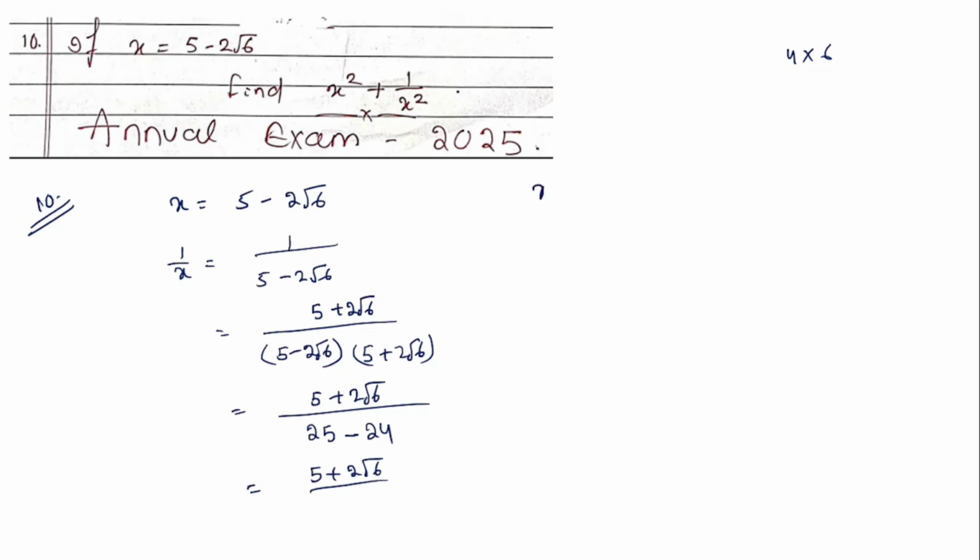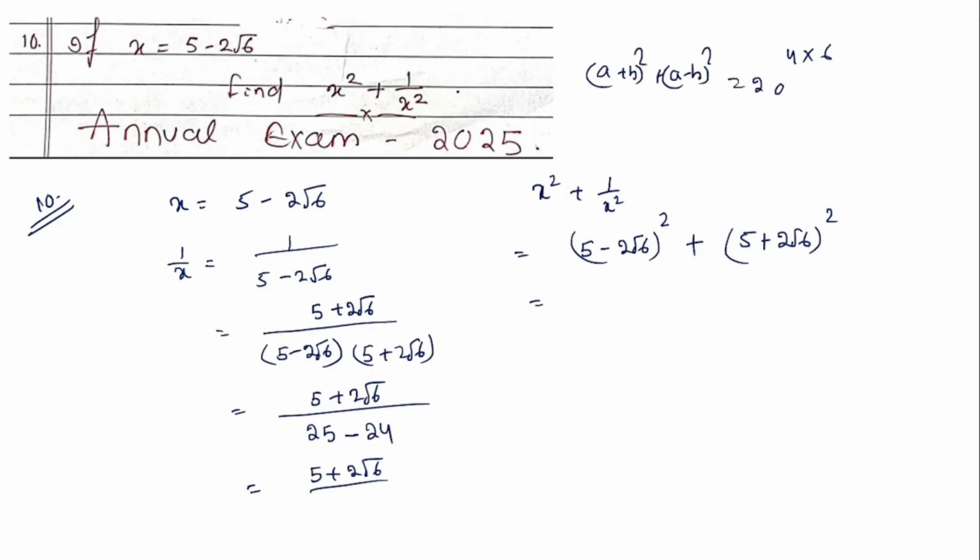Now write down x square plus 1 by x square. So x square means 5 minus 2 root 6 whole square plus 5 plus 2 root 6 whole square. So directly you can put the formula, that is a plus b whole square plus a minus b whole square equal to 2 into a square plus b square.